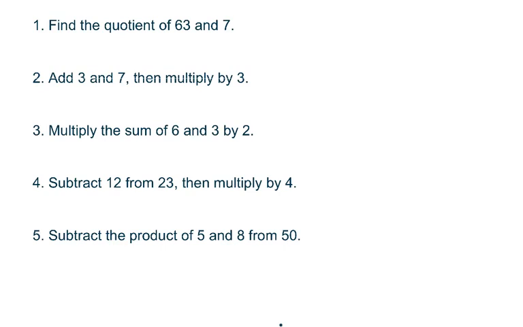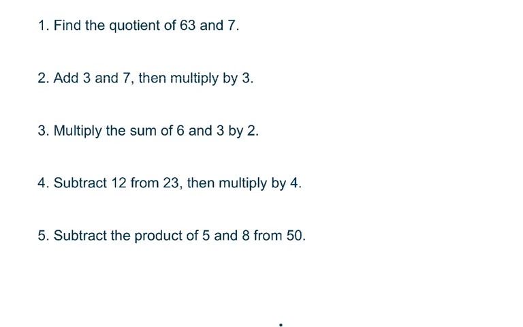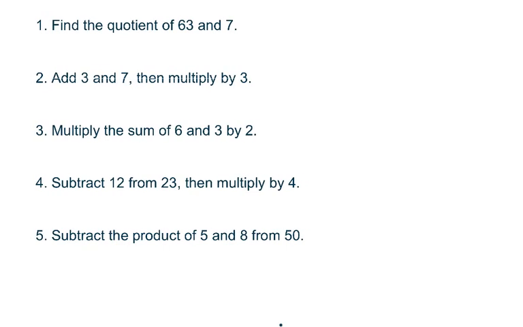So what I'm doing is I'm looking for words that mean specific operations, such as quotient. Quotient I know means to divide. So they obviously want me to divide 63 and 7. I can write that in a numerical expression by writing 63 divided by 7.